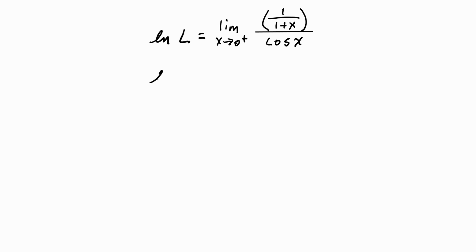So we have the natural log of L on the left-hand side. And on the right-hand side, let's go ahead and do this limit. In the numerator, we would have 1 over 1. In the denominator, we will have cosine of 0, which is also 1.